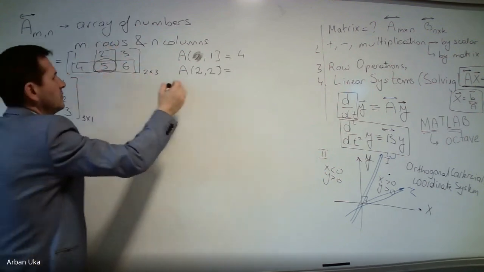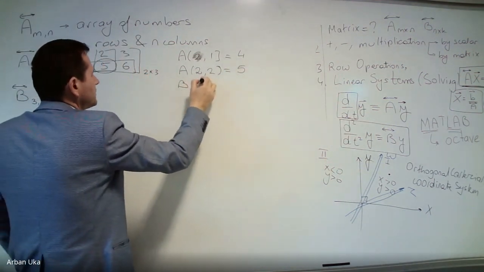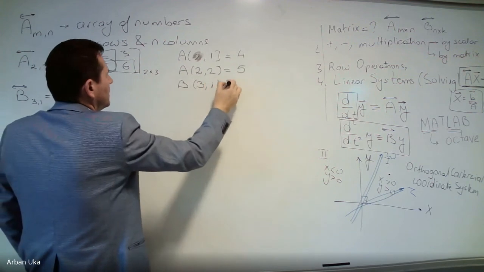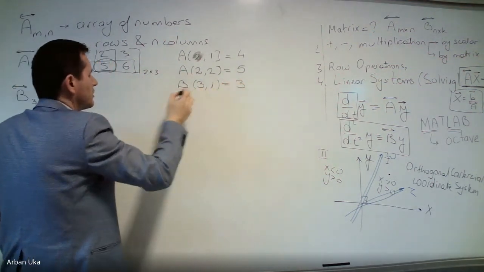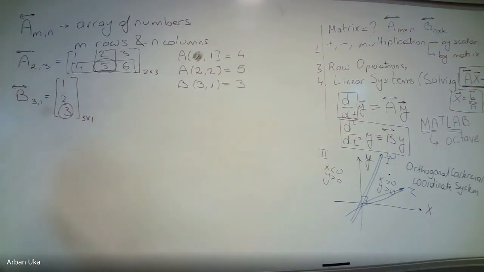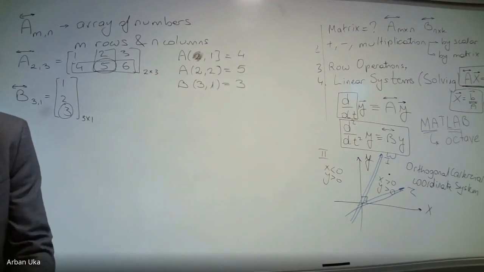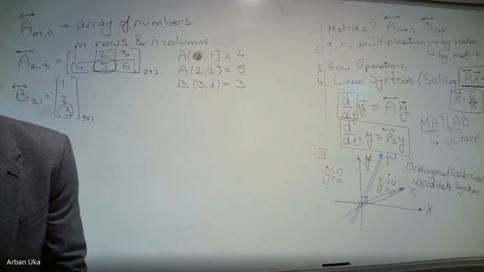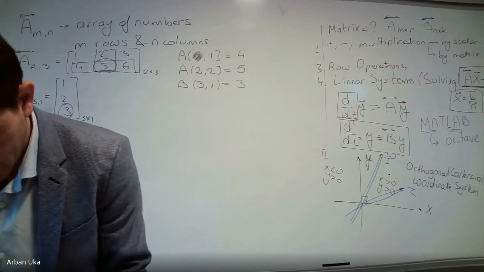Second row, second column. This would be equal to 5. If we talk about B31, this would be third row, first column. This is equal to 3. Okay, so this is how we're going to identify the location of a number in this array of numbers, in these matrices.